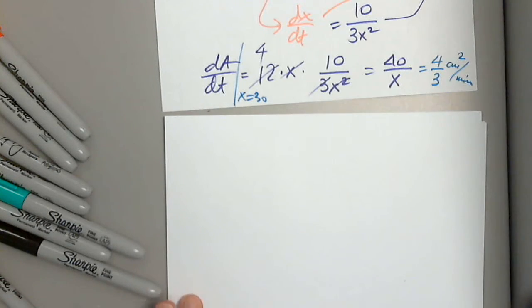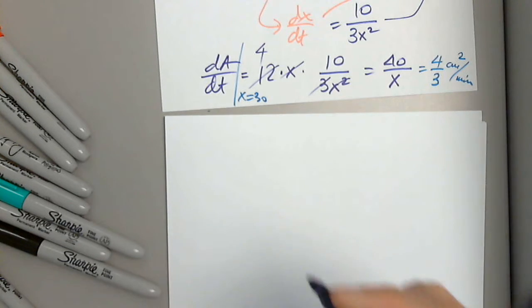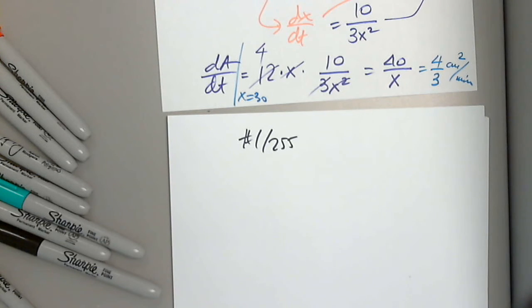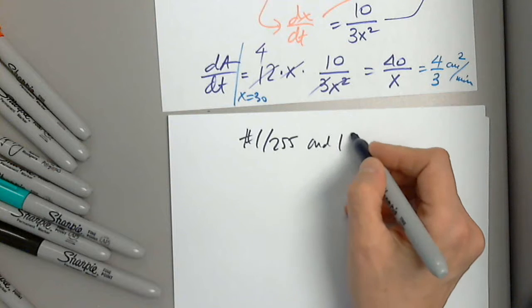Okay, so let me assign a few problems. From page 260, I would like a linearization. So problem 1 on 255. 19 and 19.